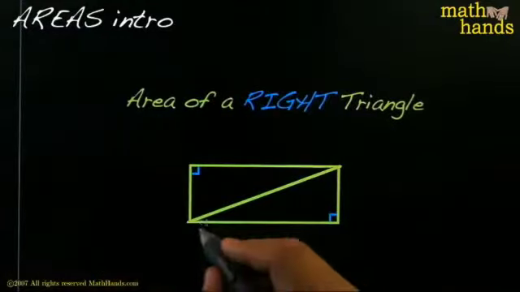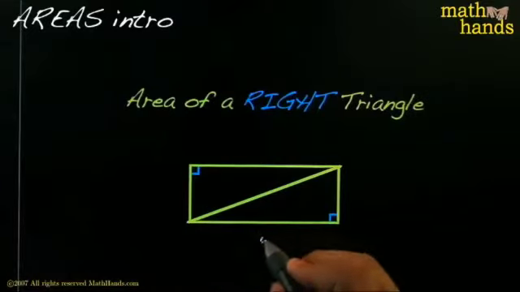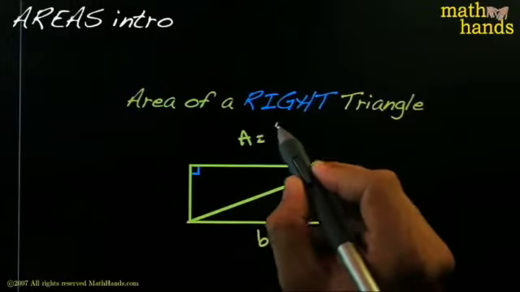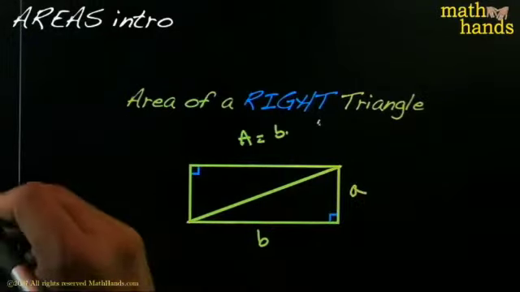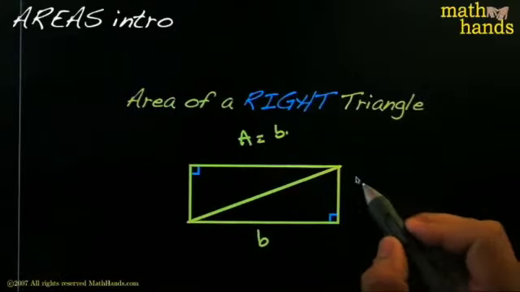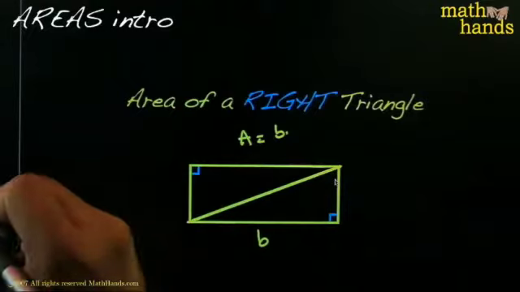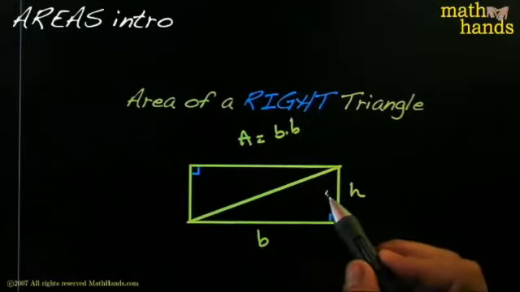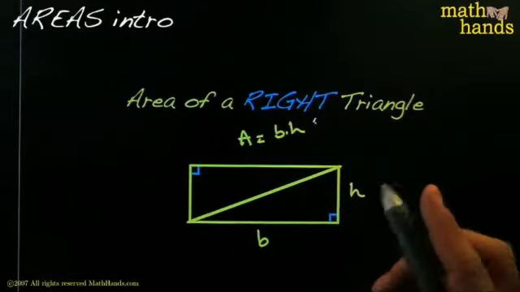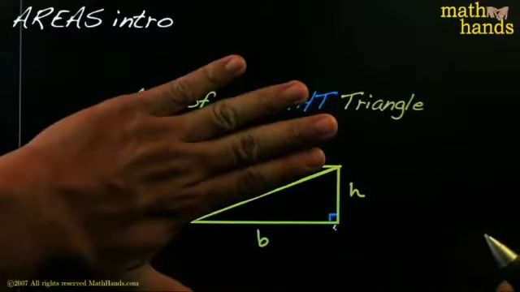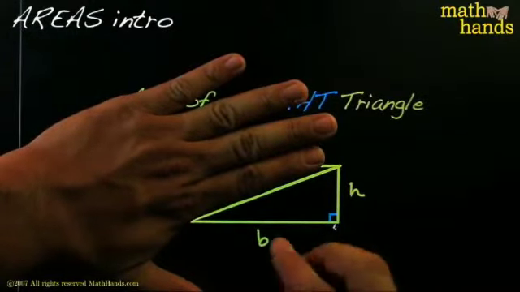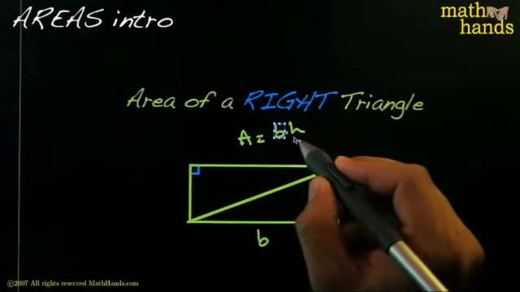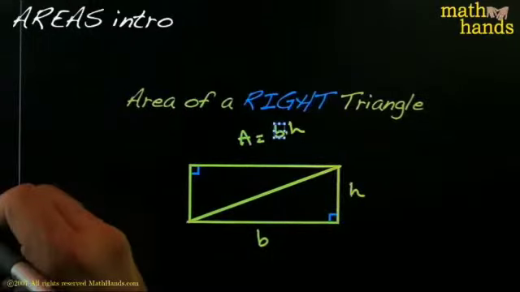So for our rectangle, we could call this whole base B, and the other one A. So therefore the area for this rectangle would be base times, let's do some classic stuff, let's call this one H, for height. So the area would be base times height for the rectangle, but of course a rectangle is made up of two of the original triangles. So if two of these make base times height, then one of them would have to be base times height divided by 2, of course.